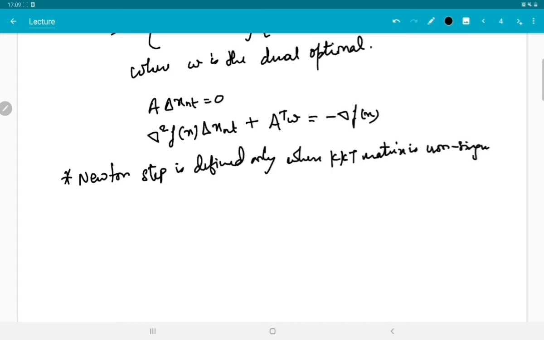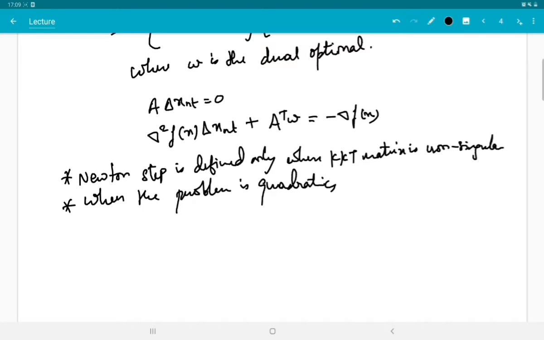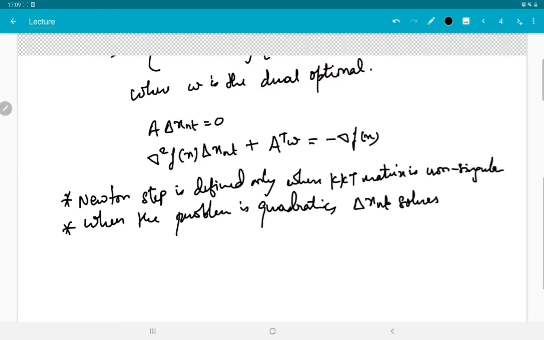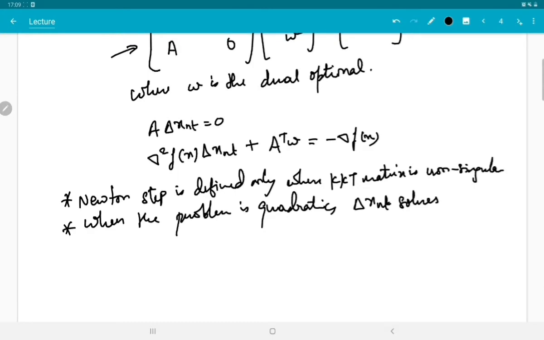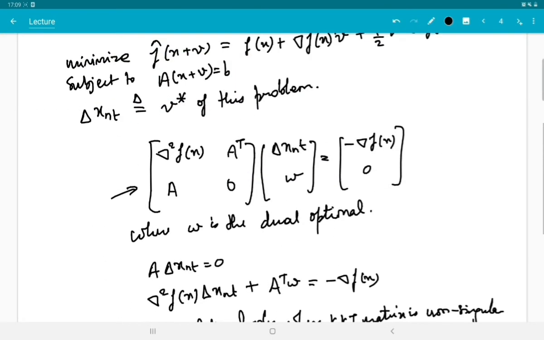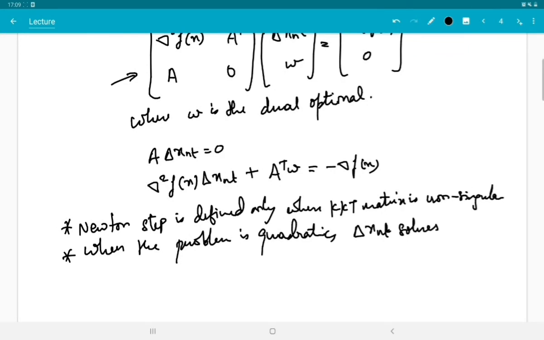And the second point is that when the problem is quadratic, delta x_nt solves this optimization problem.